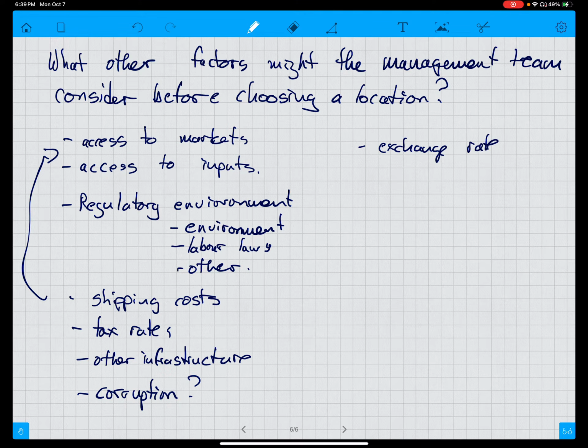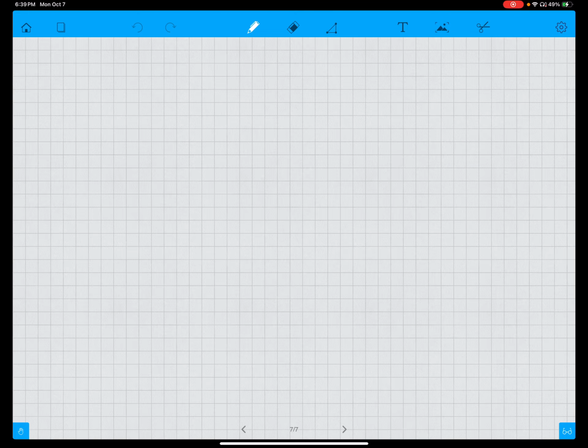In this case, we did calculations that looked at similar dollars. We didn't look at exchange rate risk. That's another thing. Political risk. How stable is it? And there could be others. So that's the type of thing you would put if you were asked that question.